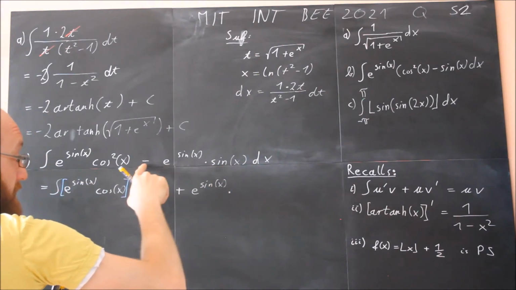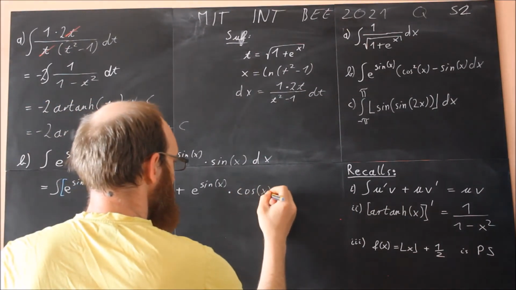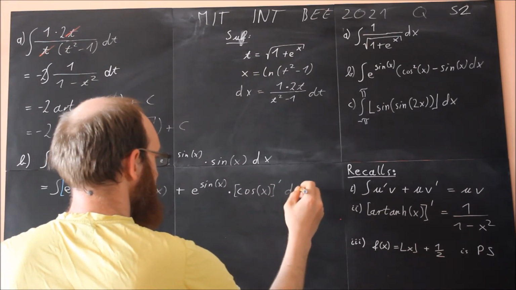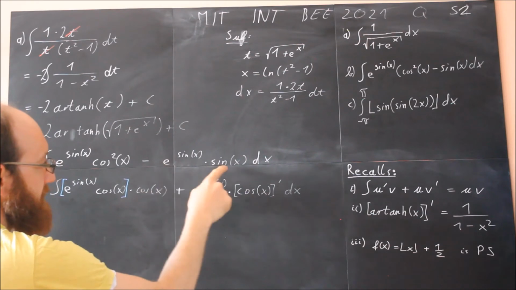The minus sine x is the derivative of the cosine, so we write that maybe in this way, dx. Yeah, so if we differentiate the cosine, we get minus sine.